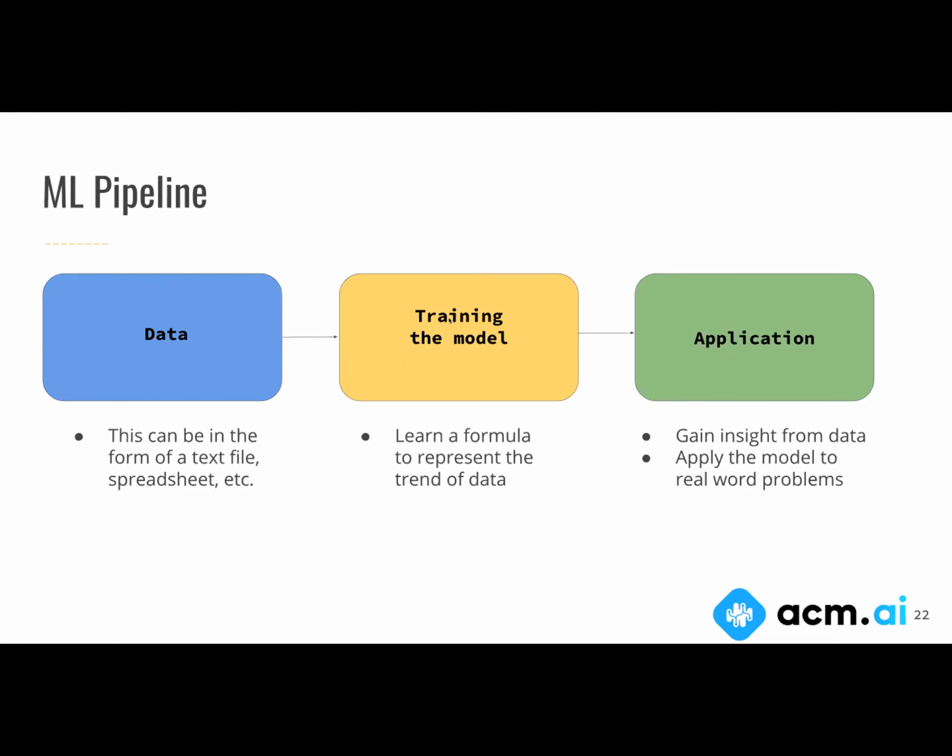The second stage of the pipeline is the actual training of the model. When we say we're training a machine learning model, what's actually going on under the hood is the model is trying to learn a formula that accurately describes the trend of the data.